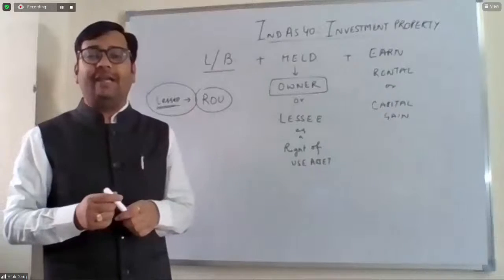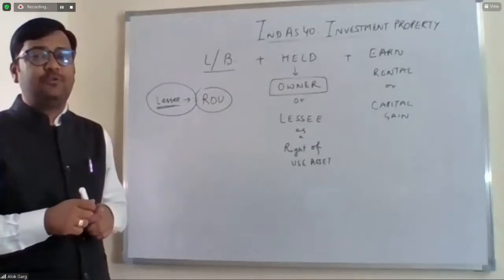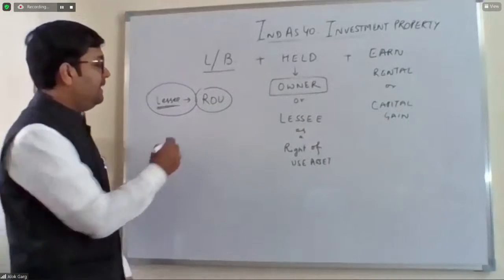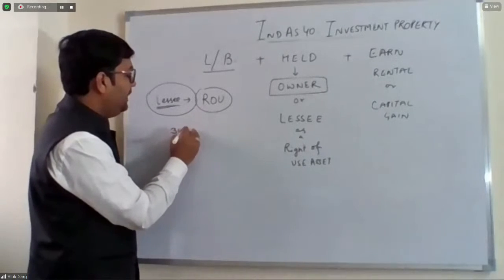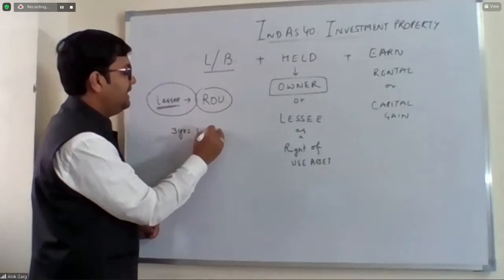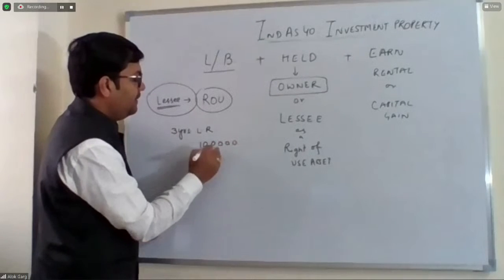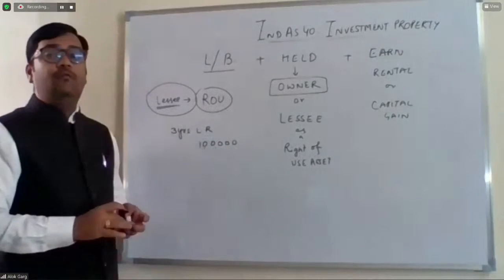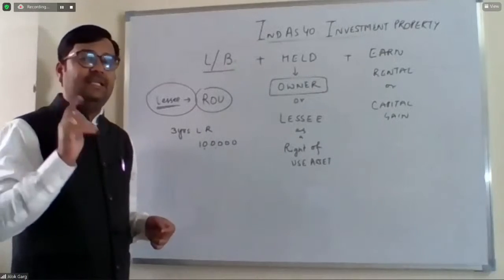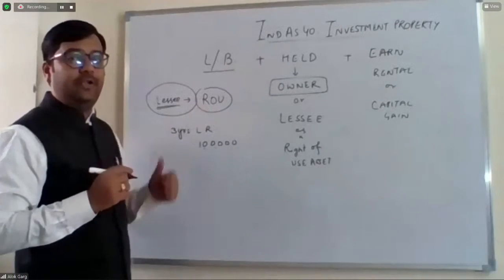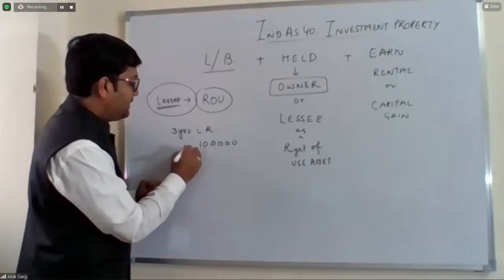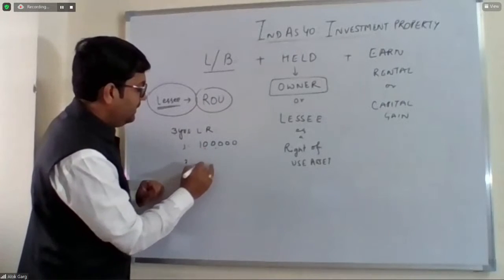What is the value on which the right of use asset is going to be capitalized? For example, it is getting a 3 years lease, and the rental is 1 lakh rupees per year. The standard says that the accounting we were doing under a finance lease, the same accounting we are required to do here. So 1 lakh rupees in the first year, second year, and third year.